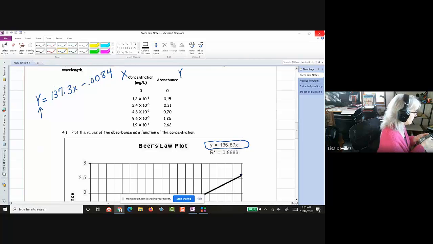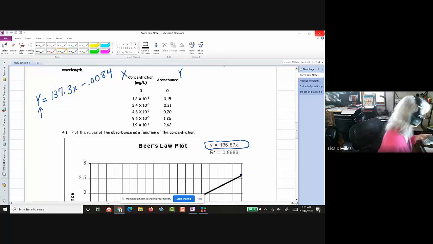All right, and then if I go back up, 0.15, 0.31, 0.7, 1.25, and 2.62. Okay, so now go back to stats, calc, linear regression, and I'm doing L1, comma L2. Hit enter.